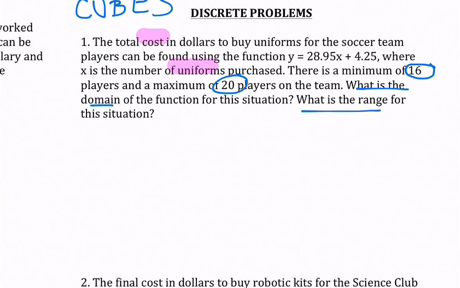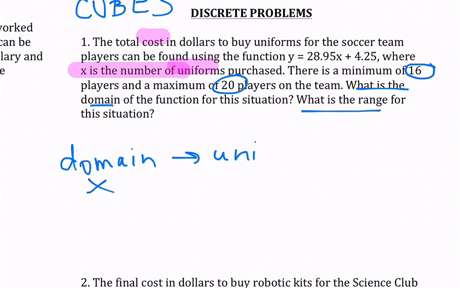Okay, so domain in this situation we know is x's. So let's read the story and figure out what x stands for. Well, I know it tells me that x is the number of uniforms. So let's talk about how many uniforms we're going to buy in this situation. It tells me that there is a minimum of 16 players and a maximum of 20 players.